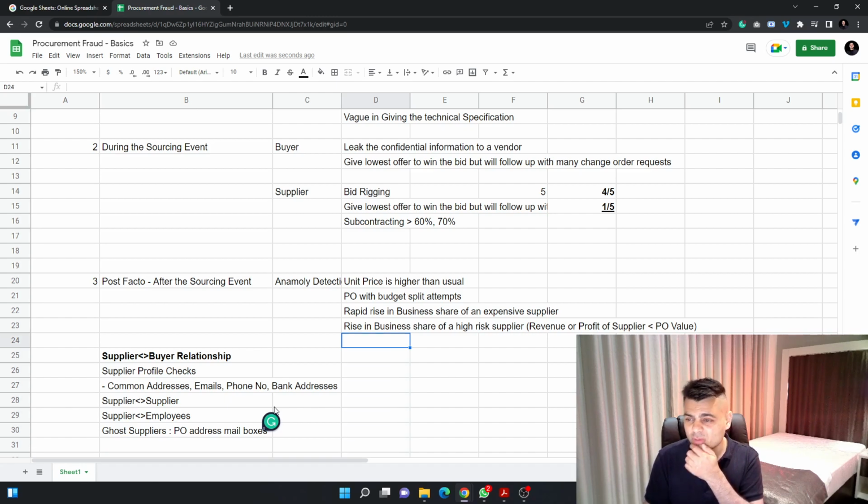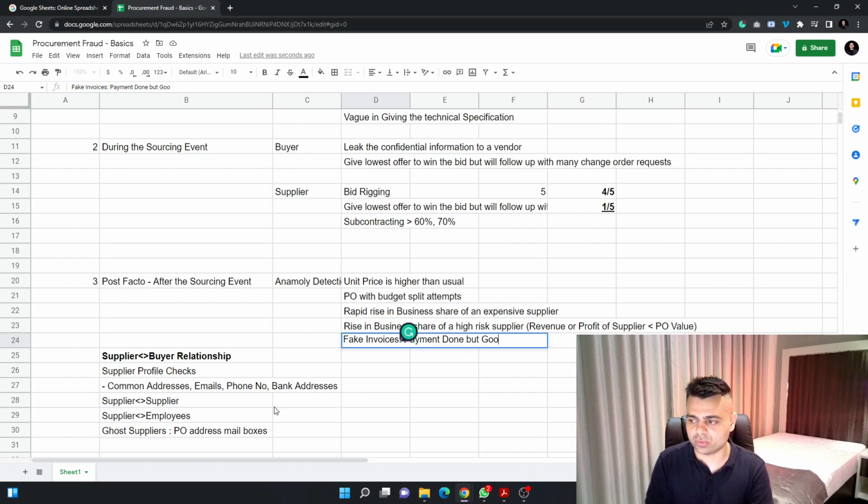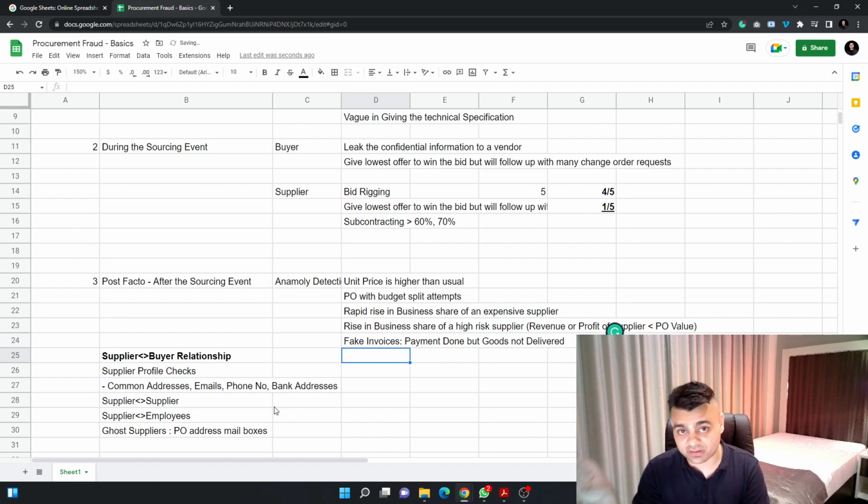Coming back to some of the additional use cases is fake invoices. By fake invoices, I mean the payments have been done, but the goods have not been delivered. So payment done, but goods not delivered. It's very difficult to catch the services because there's no tangible aspects. Hence, the fraud in services below $10,000 is extremely common.